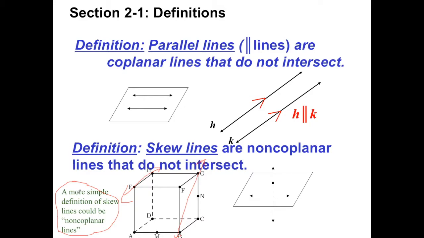You don't even need to mention the part that they do not intersect, because if you have non-coplanar lines, what do you know about those lines? Well, any two intersecting lines are going to be what, right?